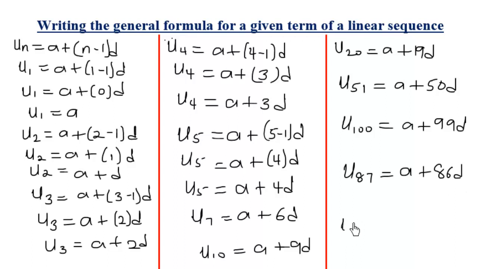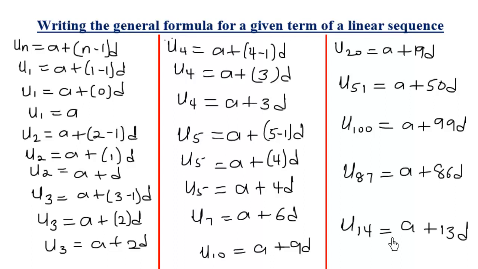Now last one, can we talk about maybe the 14th term? So a plus 14 minus 1, 13. So 13d. So we can see that the general formulas for a particular term can be easily generated if you follow this trend.